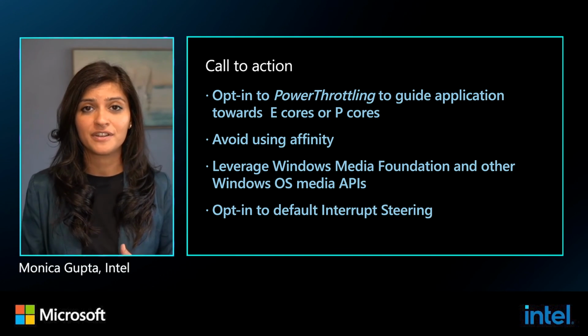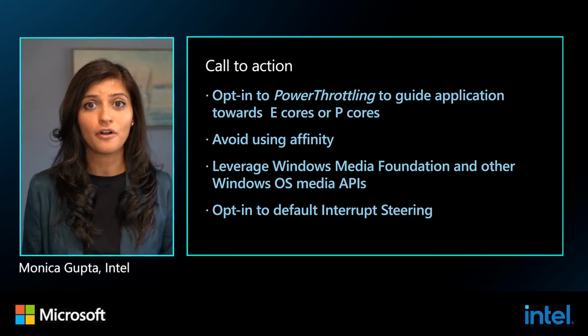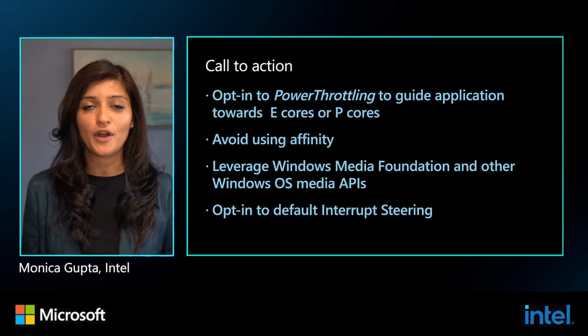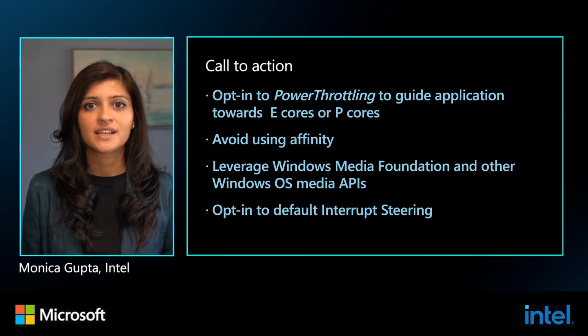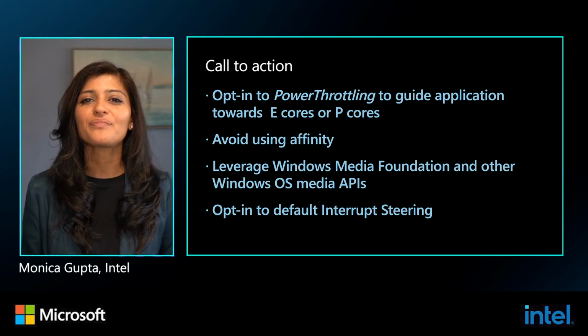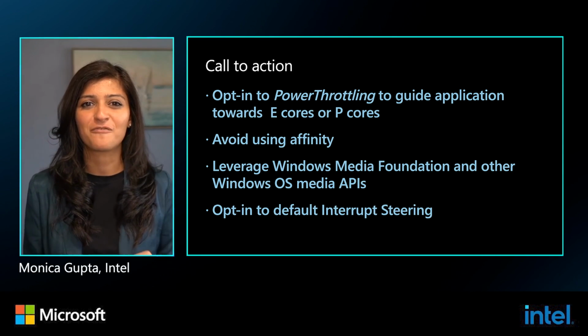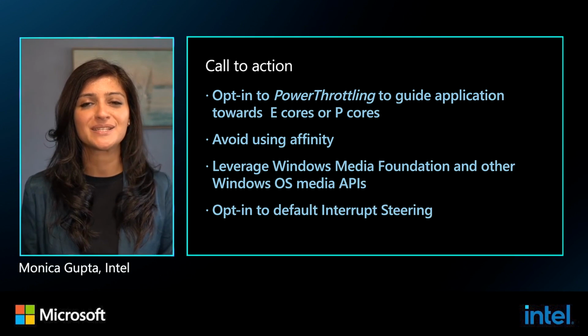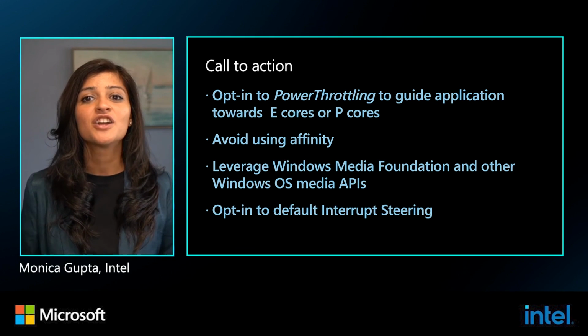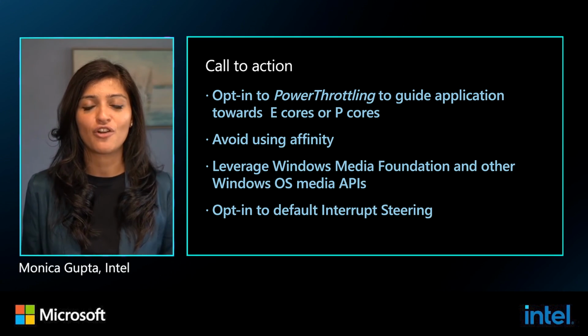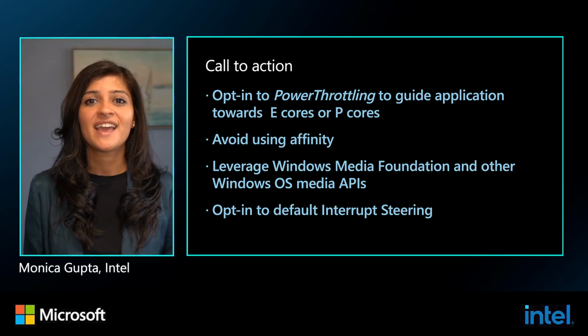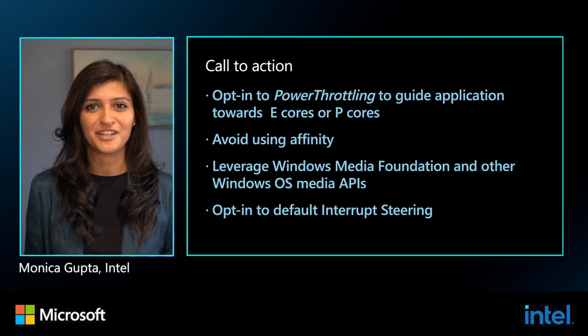How avoiding affinity and leveraging the default interrupt steering policy can ensure applications and drivers can take maximum advantage of the inbuilt smart scheduling and interrupt steering. We look forward to seeing the software ecosystem leveraging these tips on hybrid systems to unleash the full potential of Windows 11 OS and Intel's new Thread Director technology.